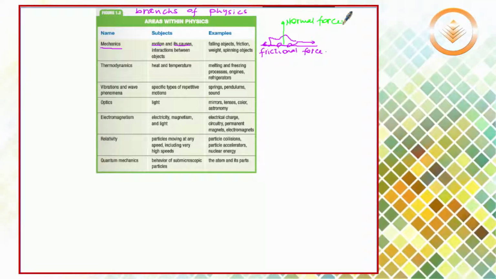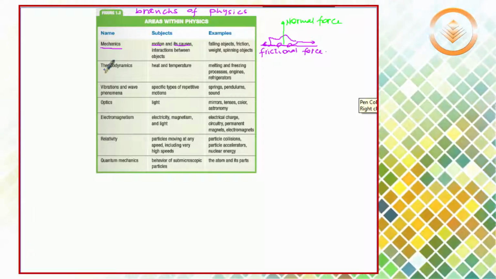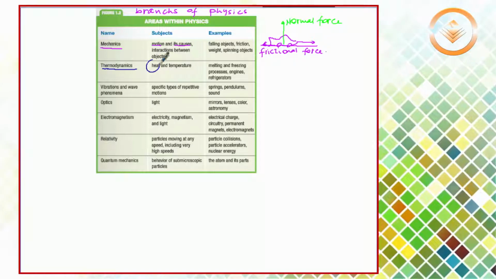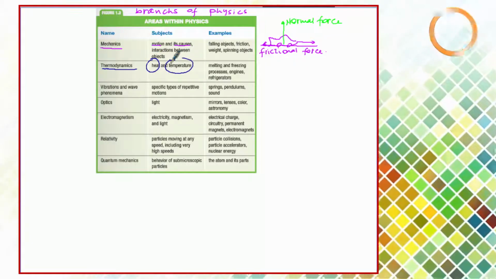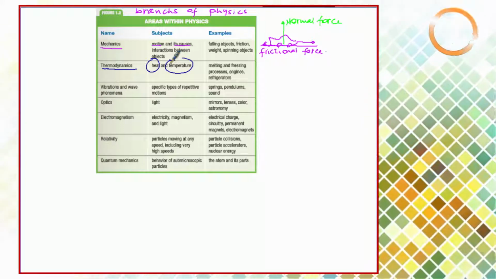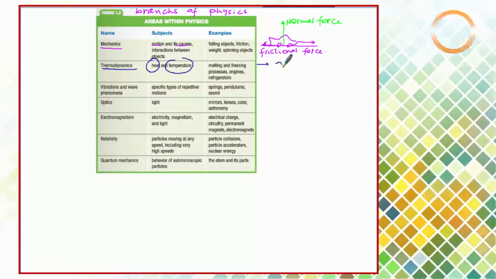The second branch of physics is thermodynamics. As I told you before, thermodynamics studies about the relationship between heat and temperature. For example, objects melt when they are heated.